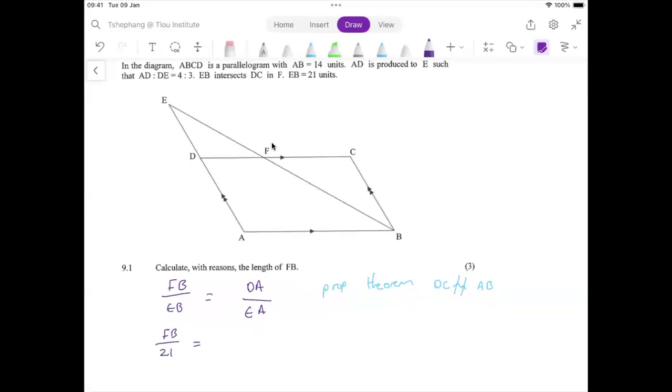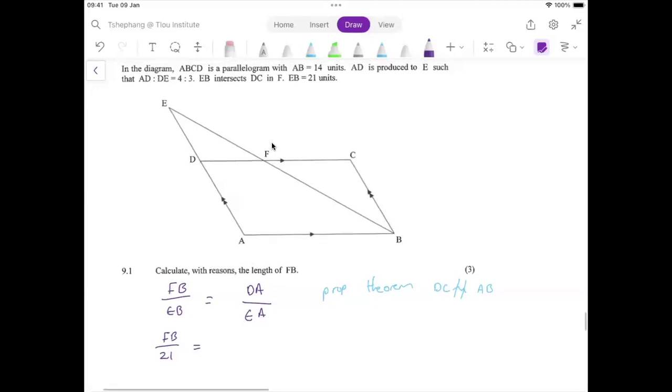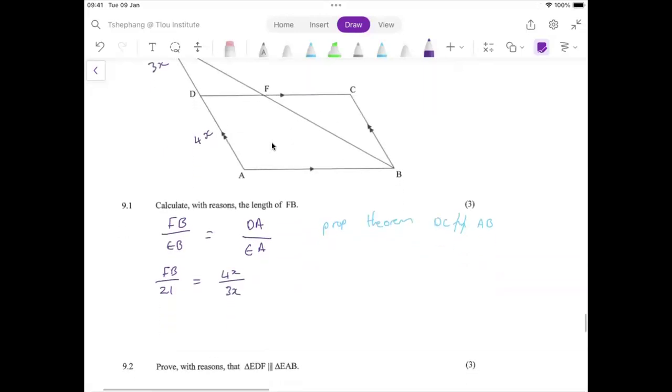No, we don't have DA, but we have AD over DE. Okay, we have this. Meaning that I can say this can be 4x and that can be 3x, so that I can say 4x over 3x. Hope everyone's still with me.